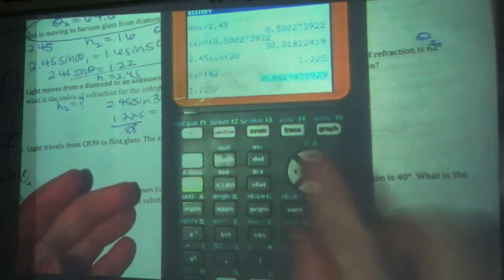That's just 1.225 equals N2. Sine of 62 is just a number, so let's put that in. That's 0.88. Now I'm going to divide that 0.88 over, and that gives me N2 is 1.38.